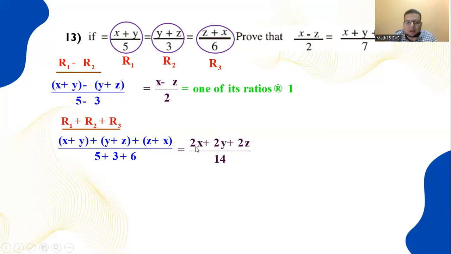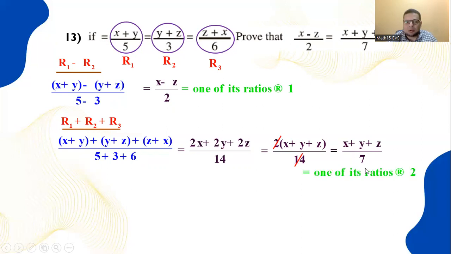You can take 2 as a common factor to get x plus y plus z like this. So 2 as a common factor over 14, you can simplify, divide by 2 is 1, divide by 2 is 7. So you will get now (x plus y plus z) over 7. This is R2. You will find one of the given ratios, R2. This is number 2. So from 1 and 2, you will get left side equals right side.